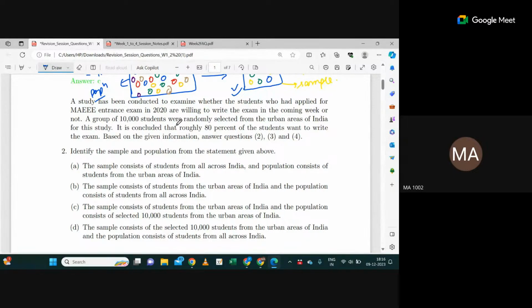Option B: the sample consists of students from the urban areas of India, and the population consists of students from all across India. Option A is wrong, sir. Okay, fine. Just read all the options and let me know which one is correct.